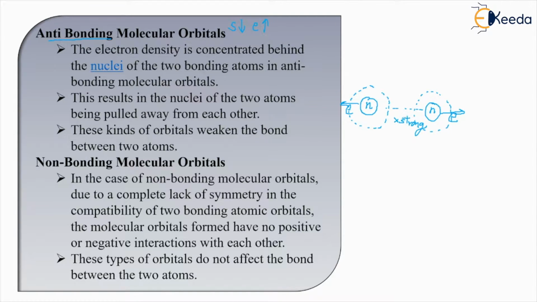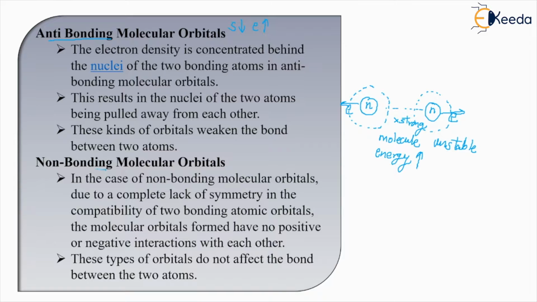If the bond is not strong, the molecule itself is unstable. And if the molecule itself is unstable, then the energy will be quite high. So this is the anti-bonding molecular orbital.